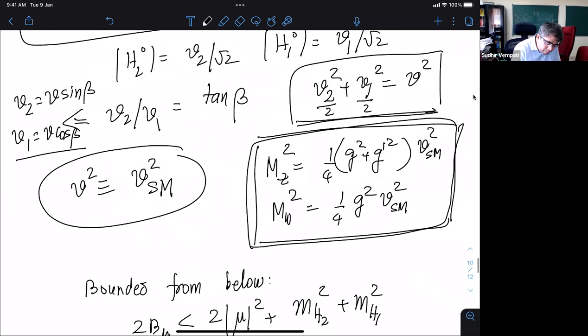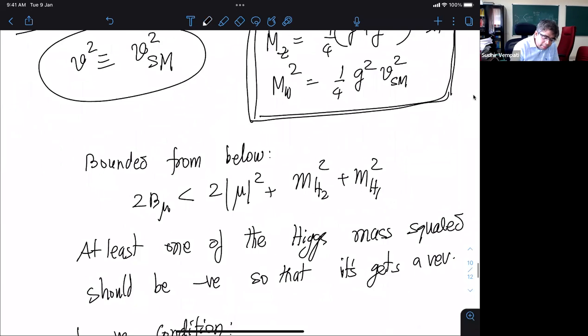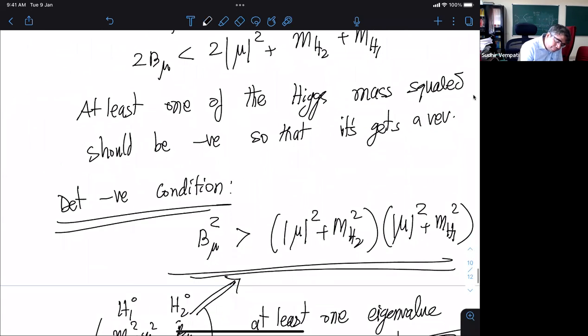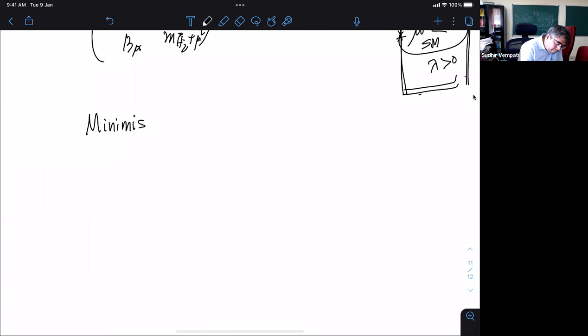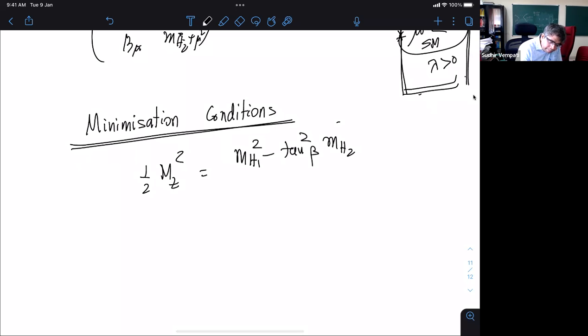No, this is correct actually, v2 square plus v1 square. These are called the minimization conditions, and they ensure the electroweak symmetry is broken. The first is half mz square equals mh1 square minus tan square beta mh2 square over tan square beta minus 1, minus mu square.